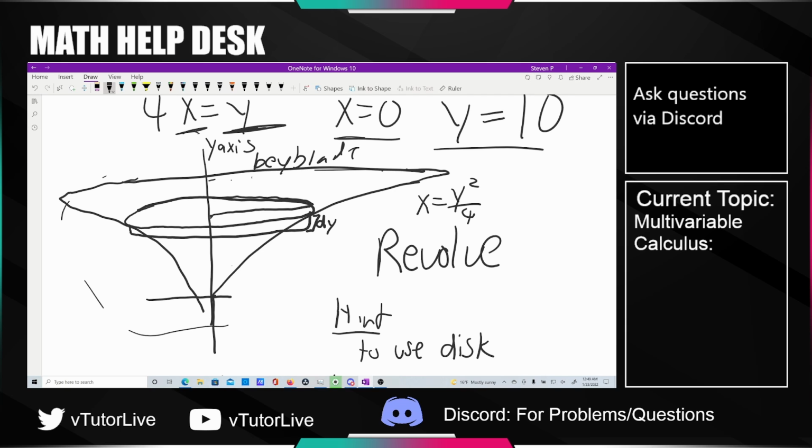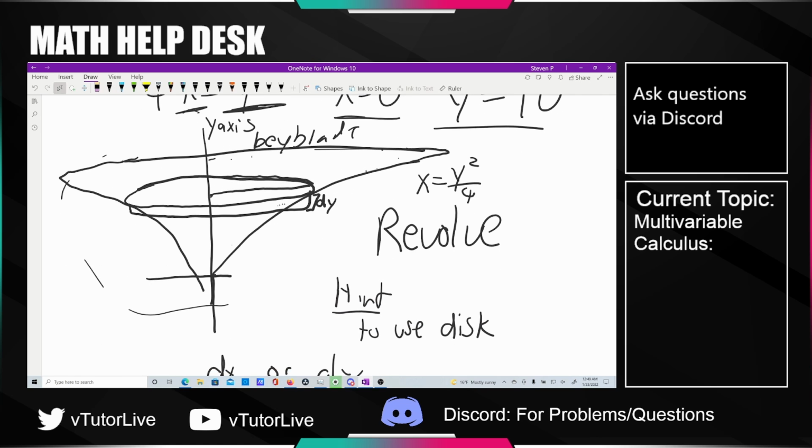Can you believe that? If we can just add up the volumes of all of these tiny little cylinders, we end up getting the volume of the entire thing. Does that make sense? What do you mean by the entire thing? Well, the entire thing is this Beyblade-looking thing, right?